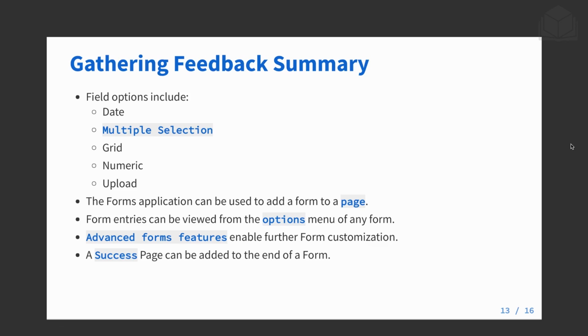You can add a form to the page using a widget, which we'll look at in the next video. And then we can take advantage of some of those advanced form features as well, allowing us to provide some conditionals as well as adding success pages at the end of our forms. So this is a really great tool to gather feedback from users on the platform.